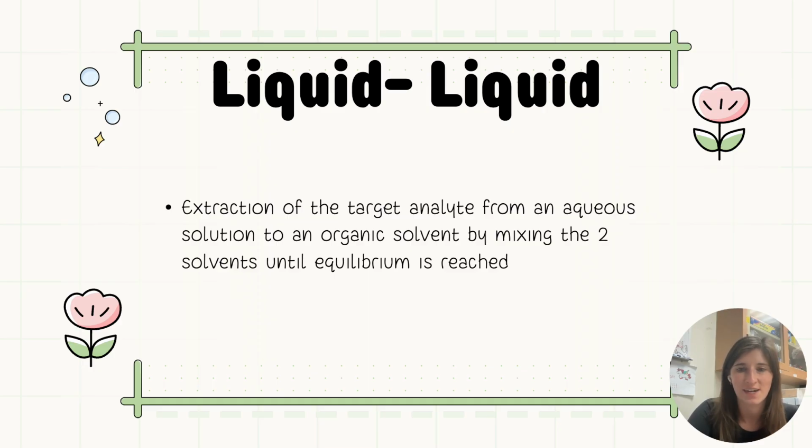Sometimes you'll have to do back extractions with your general unknowns, and pretty much that's just you're putting the analyte of interest into either the organic, and then maybe you're moving it into an aqueous, and then you want to move it into a different organic. And pretty much what doing multiple liquid-liquid extractions does is it helps to purify your final product so that you're going to be able to get a better result.